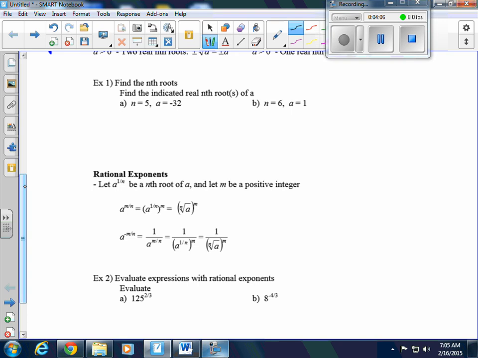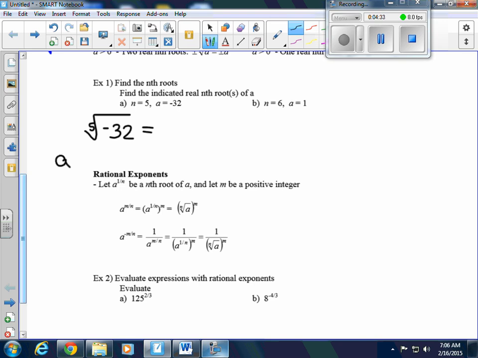In example 1, we want to find the nth roots. So find the indicated nth roots of a. So here, n is 5, and a is negative 32. So realistically, what they're asking us to do is this. What is the fifth root of negative 32? They're saying what times itself 5 times gives you negative 32.